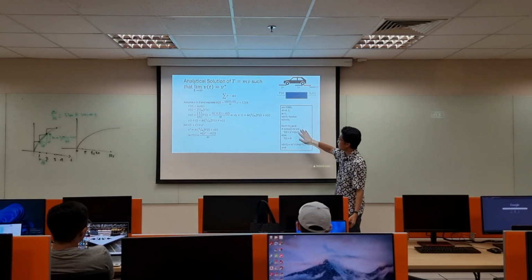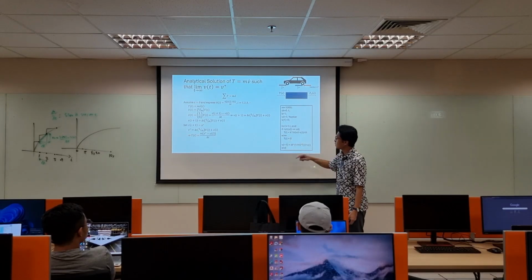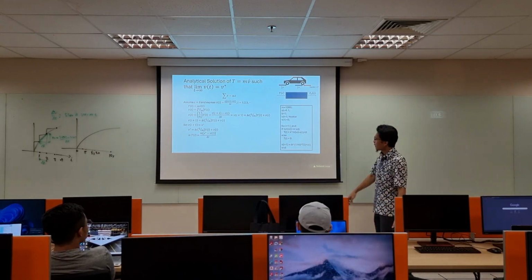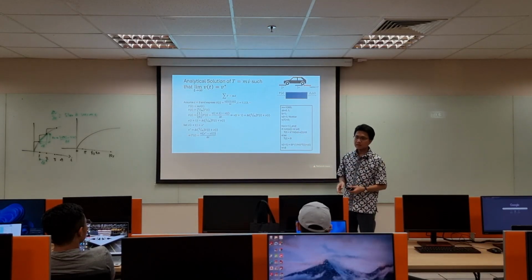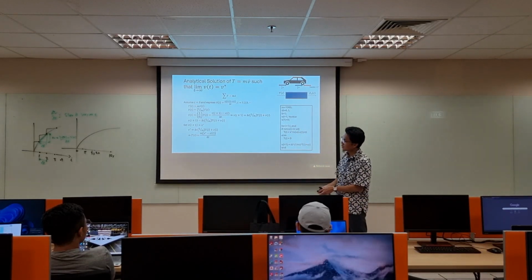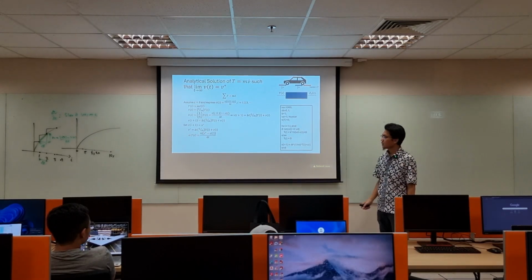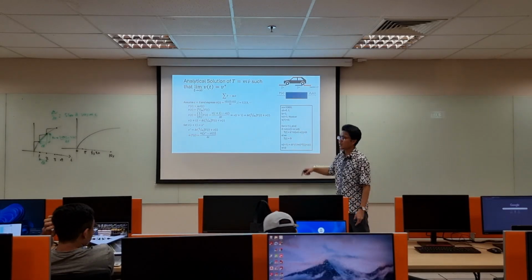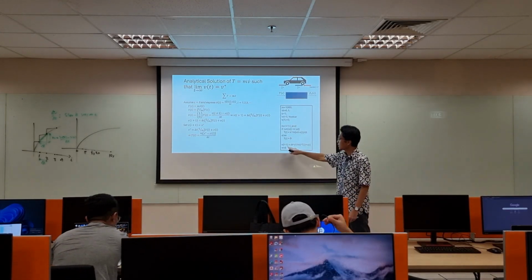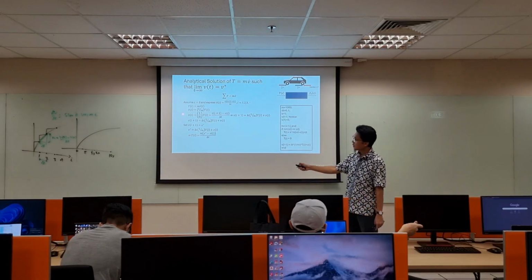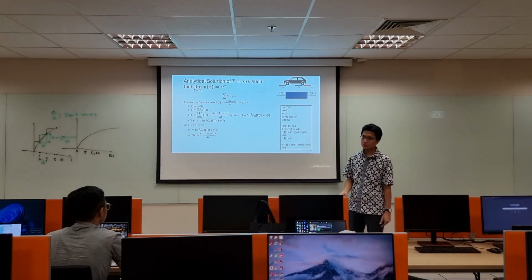You check here, I'm using an if condition. If my velocity is not the same as the desired one, then I will use this formula for my traction. If it is the same, then the traction is just 0. And then after that I write down this equation here, and I let MATLAB update it.